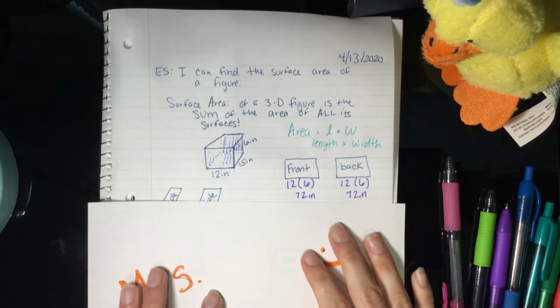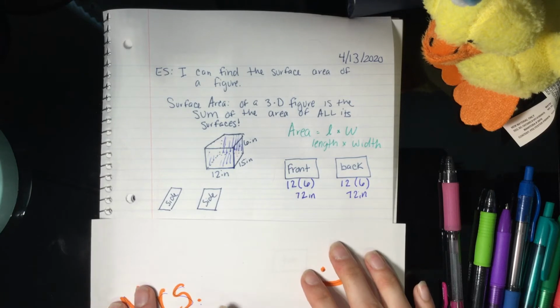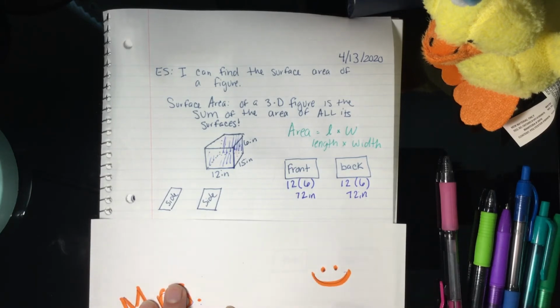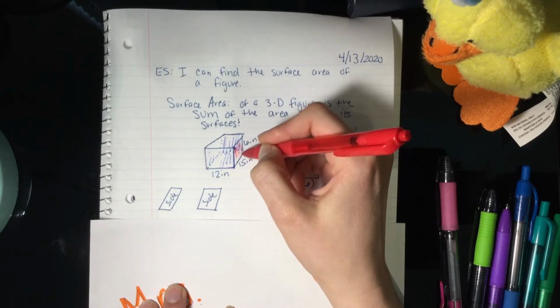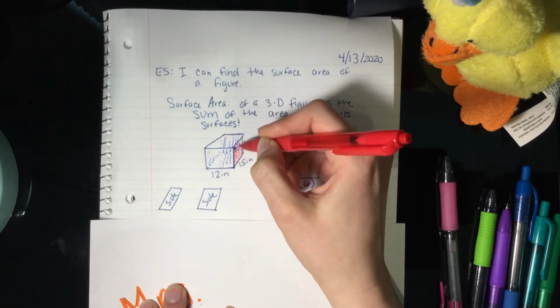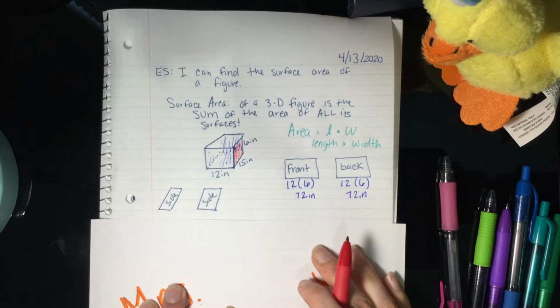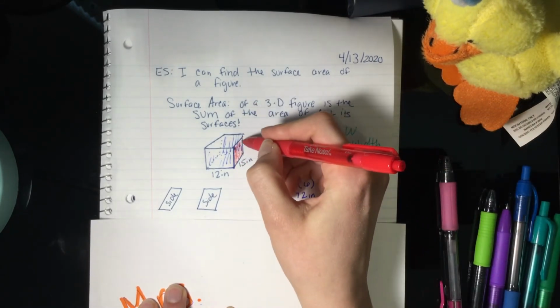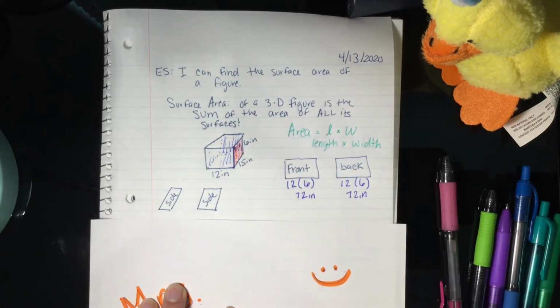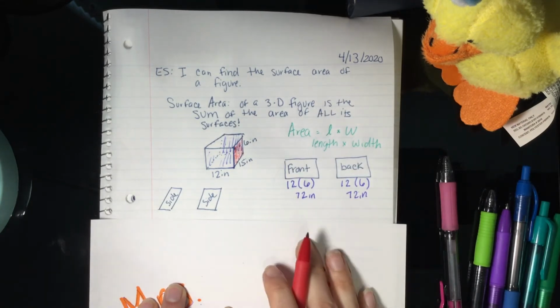All right, now we're going to find the side. I'm going to put that in red. Our sides are over here. The side, we have 15 times 6.